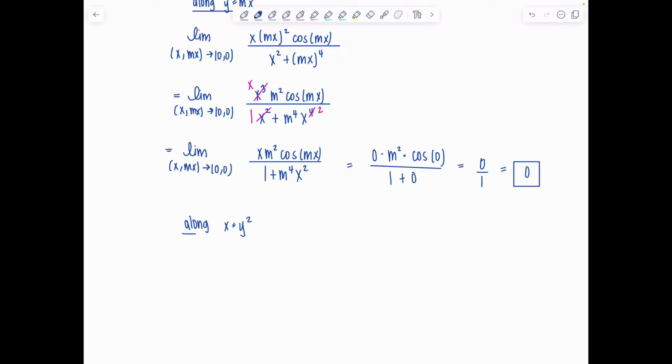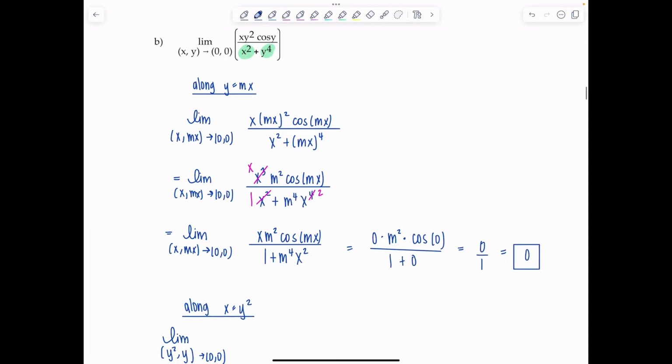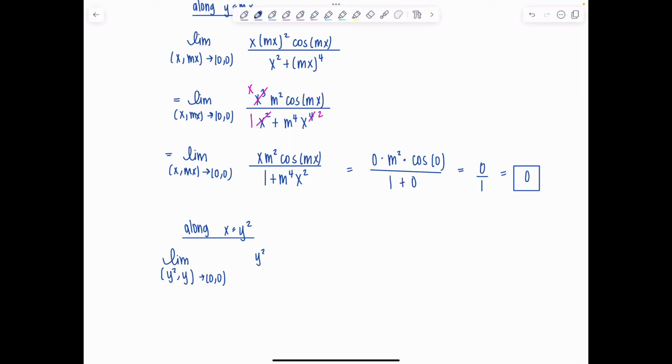So along x equals y squared, we're going to take the limit as (y squared, y) goes to (0,0) of, and then remember the original function, now I'm going to replace all of the x's with y squared. So then I have y squared times y squared cosine y over y squared squared plus y to the fourth.